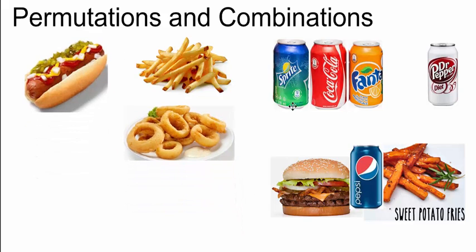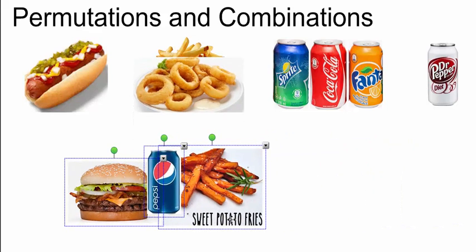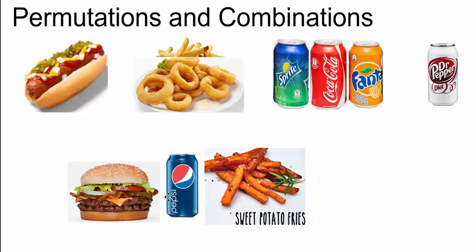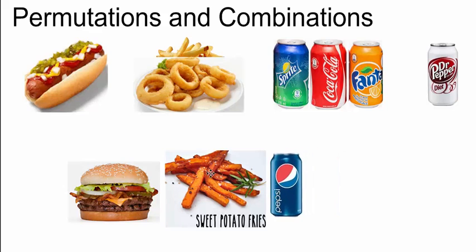Obviously, if I had chosen different items, I would have a different combination. But if somebody, instead of giving me exactly this, gave me exactly this, I'd have no problem with that, and clearly I would think that it's the same thing. They would charge me the same amount, I would eat the same food. This is what we call a combination at the store. I'm going to have the burger combo, and so the order doesn't matter.